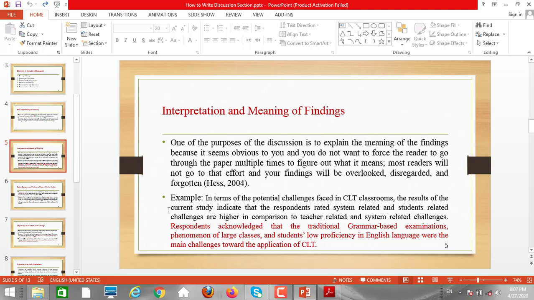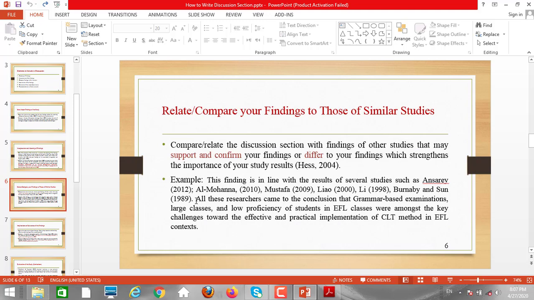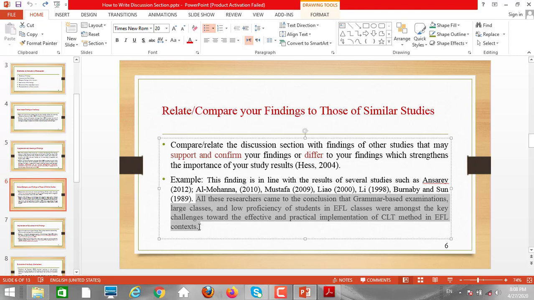I didn't write this in this slide because this entire sentence, as you can see in the highlighted part, all these researchers till here, this is their findings or their result which supports or confirms my findings. So this is how it supported or confirmed my findings.